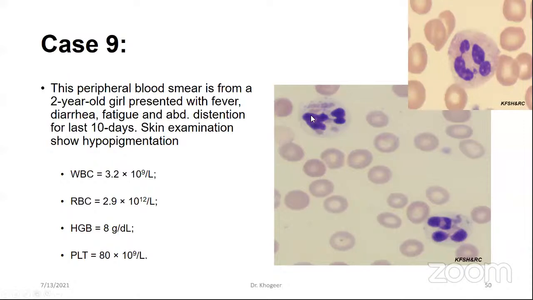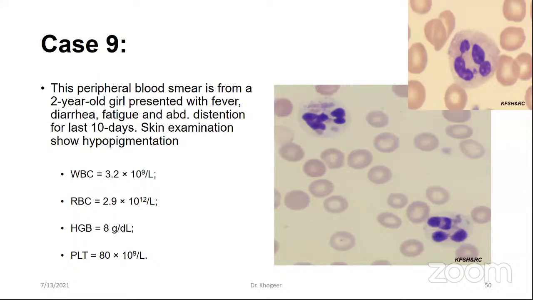If we compare these cells with the normal neutrophils, you can easily appreciate the difference between this abnormal finding and the normal neutrophils. So any guess what is this cell?